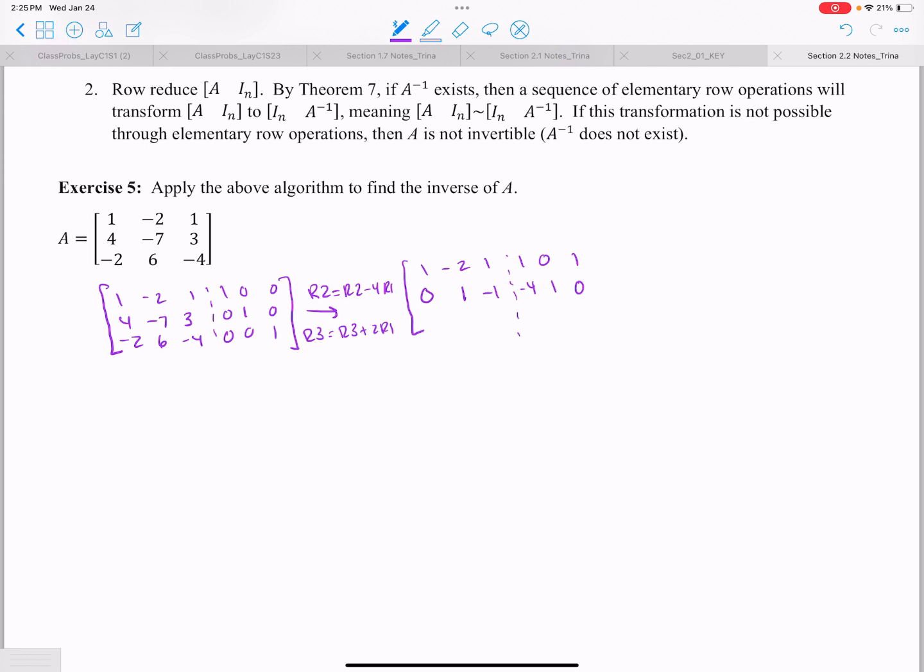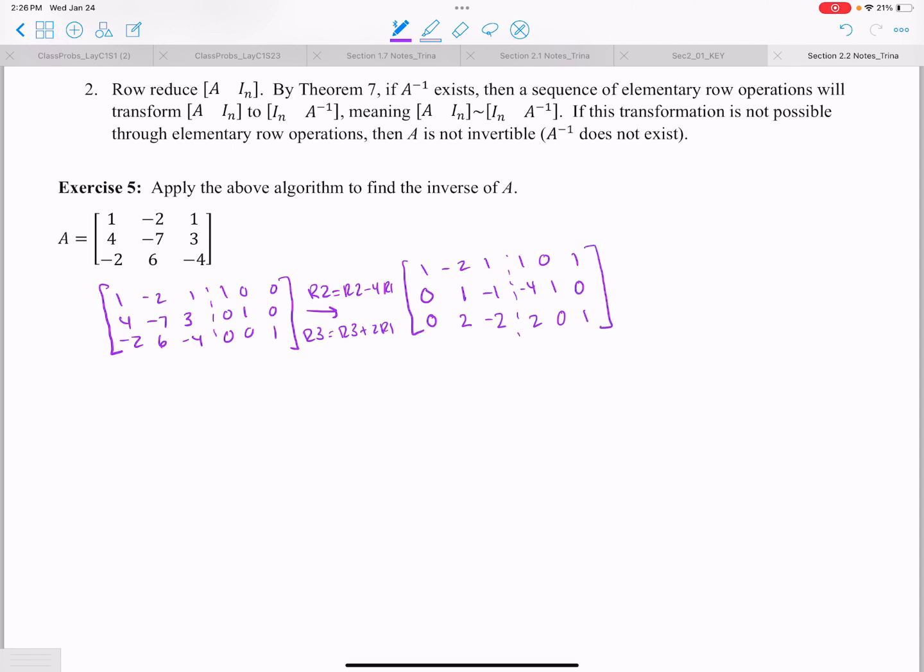For row 3, plus 2 row 1, so negative 2 plus 2 is 0. 6 plus negative 4 is 2. Negative 4 plus 2 is negative 2. And 0 plus 2 is 2. 0 plus 0 is 0. 1 plus 0 is 1.